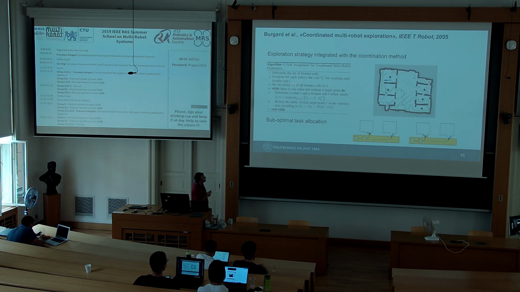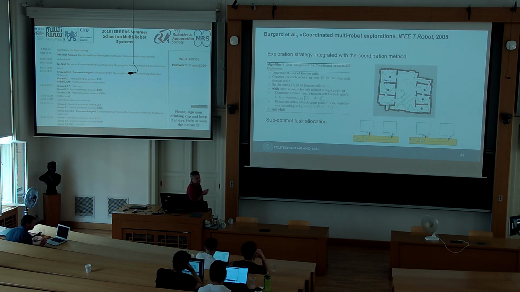First of all, we find a set of frontier cells, which are the candidates that we are going to evaluate. And we compute the cost for reaching each one of these cells for each robot. So if you have one robot, you calculate the distance between this robot and all the frontier cells, and for the second robot the same, and so on. Then you initially assume that all the cells have the same utility, so utility 1.